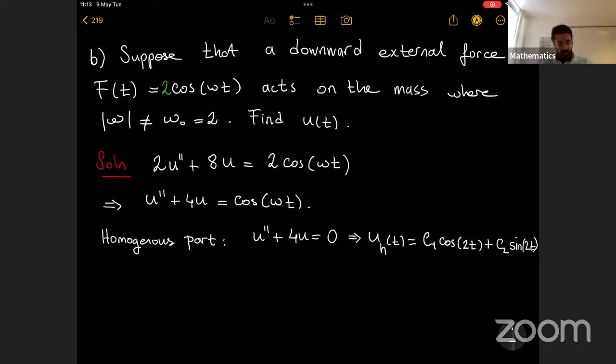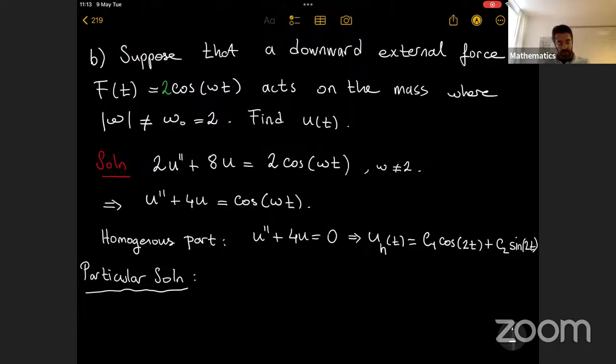All right, let's continue with the particular solution. Well, on the right-hand side, we have a cosine function, cosine Wt. And W is different from 2, right? That means in the homogeneous part, we don't have the solution as cosine Wt.